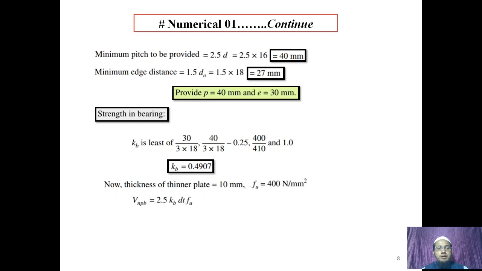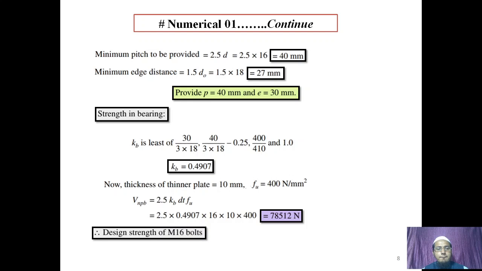So by using the simple formula of nominal bearing strength of bolt, we can find the bearing strength as 78.5 kilonewton, and by applying the factor of safety we will get the design bearing strength of the M16 bolt as 28.974 kilonewton.